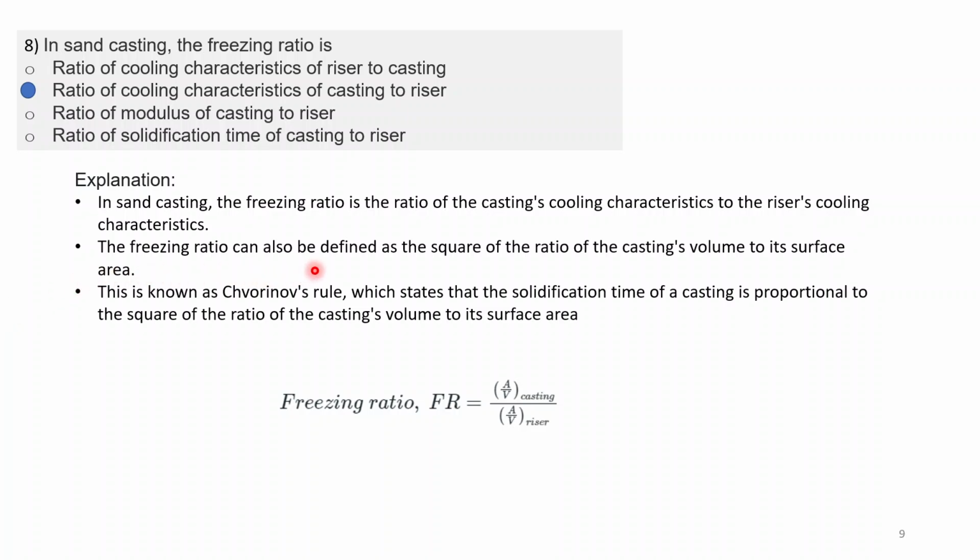The freezing ratio can also be defined as the square of the ratio of the casting's volume to its surface area. This is known as Chvorinov's rule, which states that the solidification time of a casting is proportional to the square of the ratio of the casting's volume to its surface area.